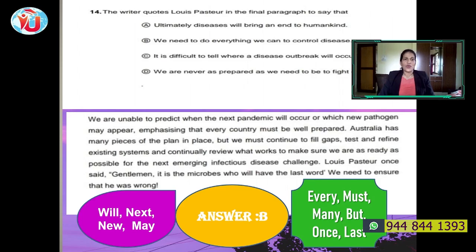Those are will, next, new, may, every, must, many, but, once, last. Knowing this, understanding the meaning of the sentence, understanding the main idea of the paragraph, I could land up with the answer B.